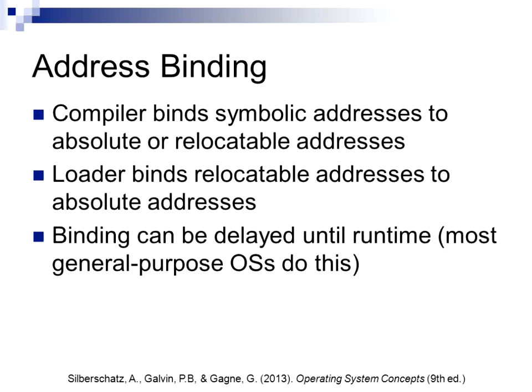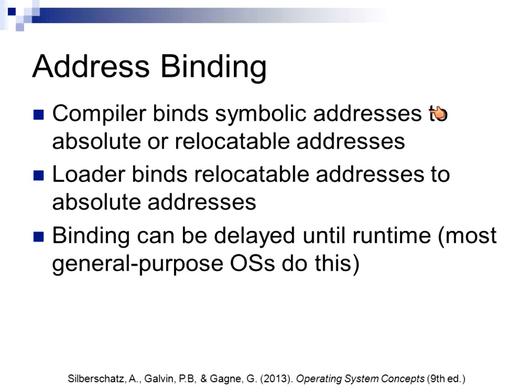Now, programs use, or processes use, these logical address spaces, but somehow they have to be bound to this relocatable address or the absolute address in memory. And there's three different times that we can do address binding.